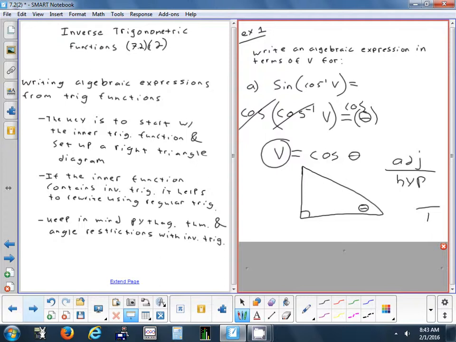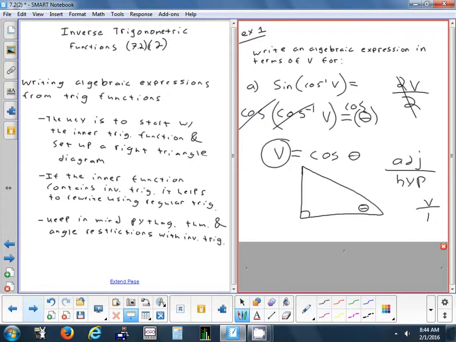And what would you put in the top? 2. 2 divided by 1 is not v. V. Yeah, just put v in the top. So if you can set up a fraction where the adjacent side is v and the hypotenuse is 1, when you do adjacent over hypotenuse, you'll get v. Now that's not the only way to do it. You could do 2v over 2, and then when you divide, you get v.